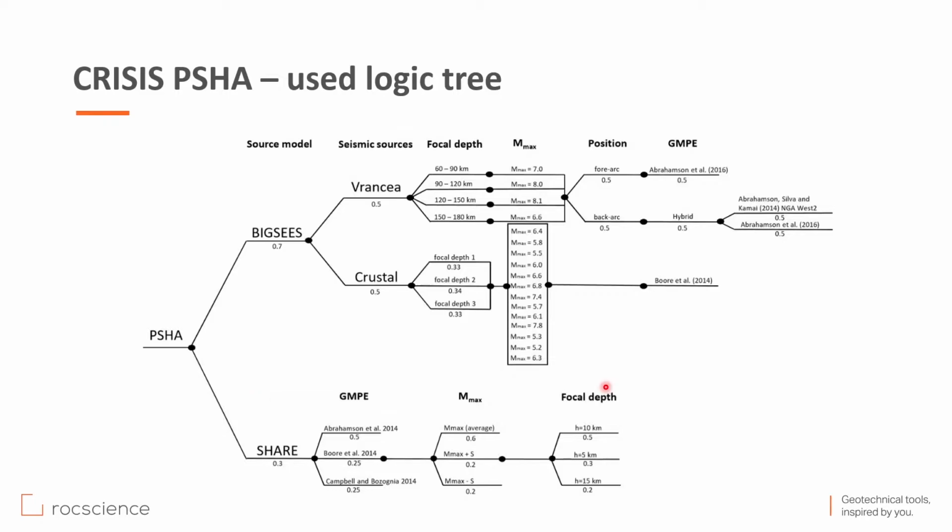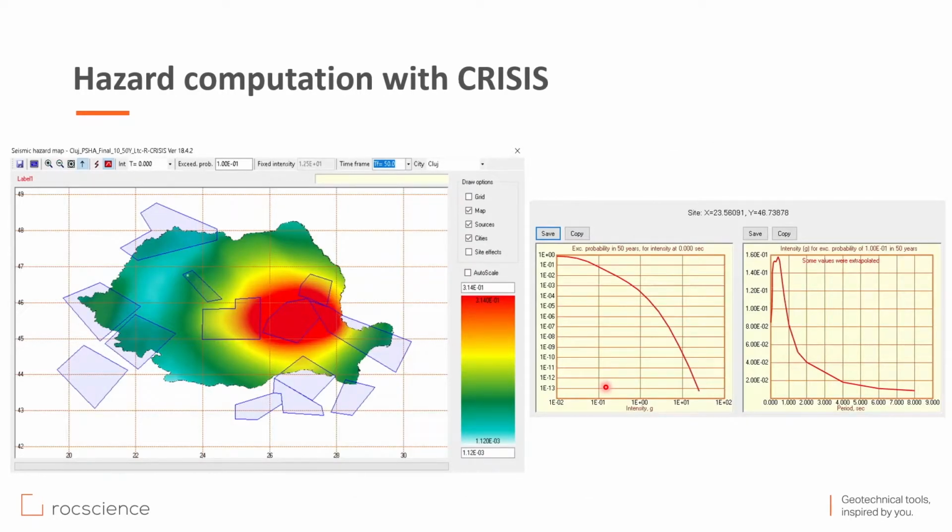As I mentioned, we have at the final result a map, and anywhere if you make a click, we can export the hazard curve and the response spectra too.